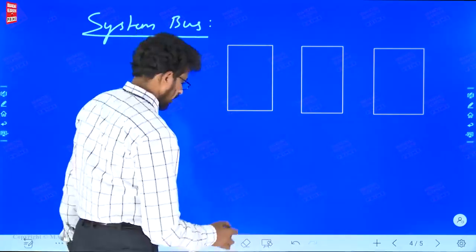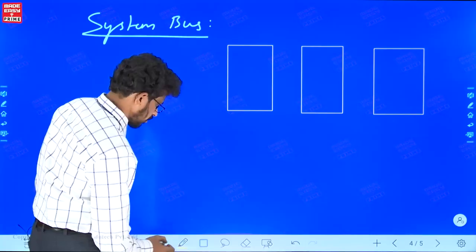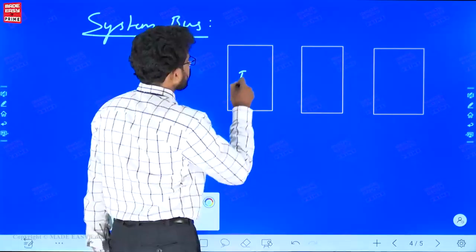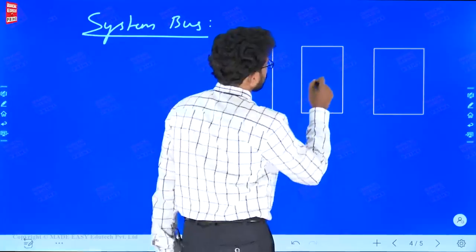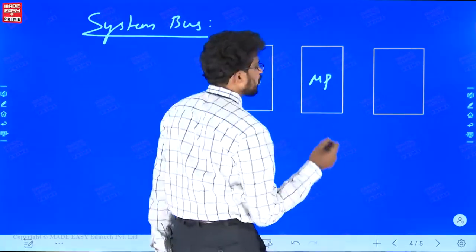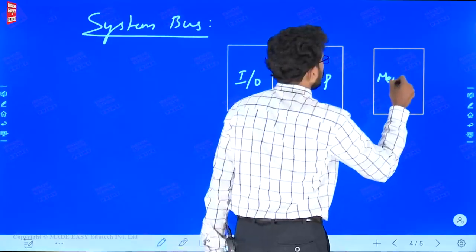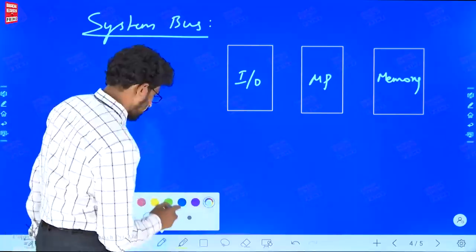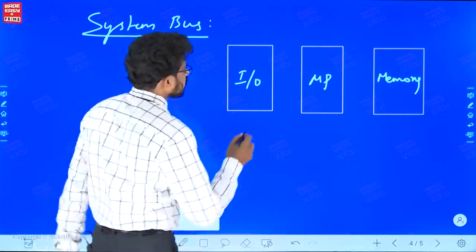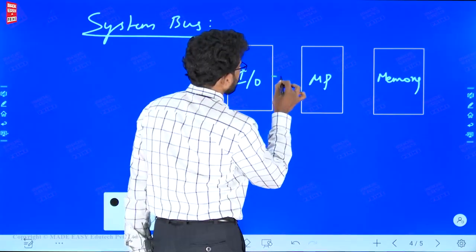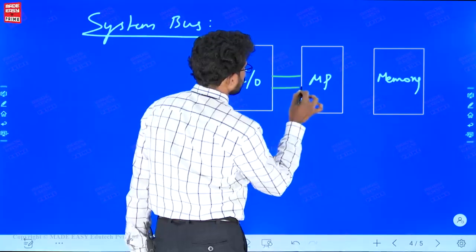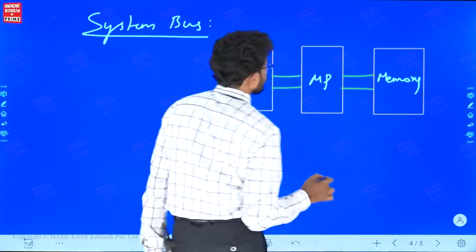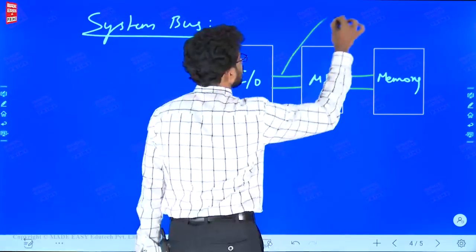So, this is the IO block, this is the microprocessor or CPU, and this one is the memory. They are connected between them through some path. So, this path we are calling bus. This path I am calling bus.